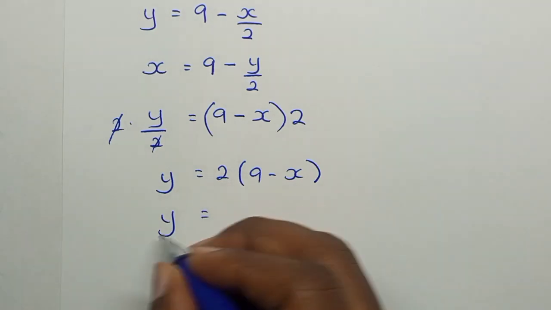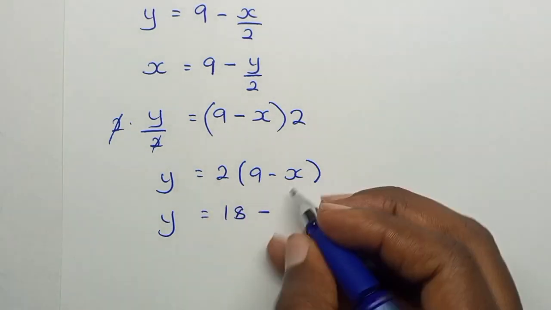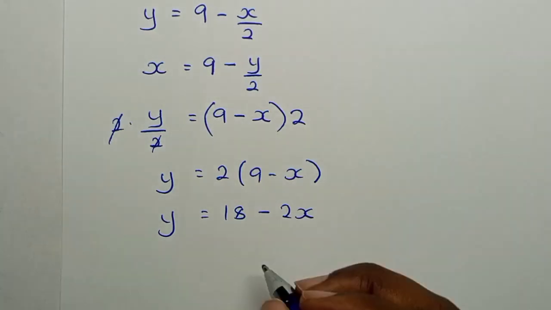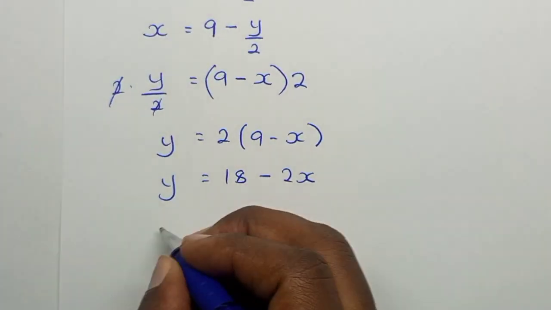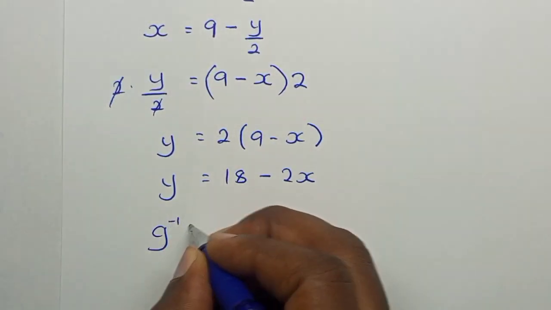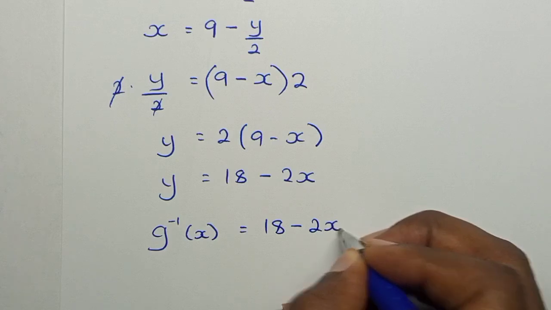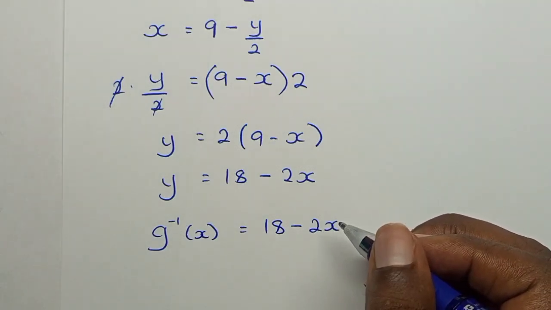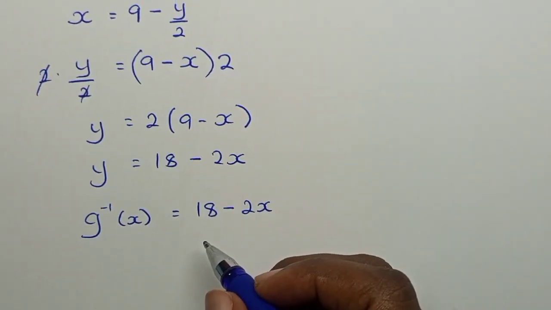When we open brackets, y equals 2 times 9 is 18, minus 2 times x is 2x. Therefore, this is the inverse of g of x. Therefore, the inverse of g of x is 18 minus 2x. Hope you've understood all the steps and what you need to do. So that's how you solve for inverse functions.